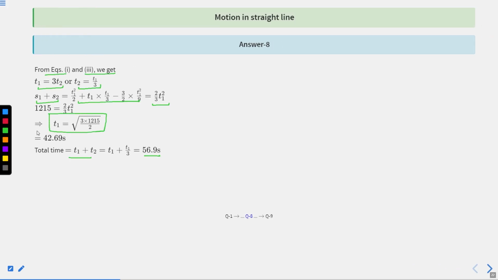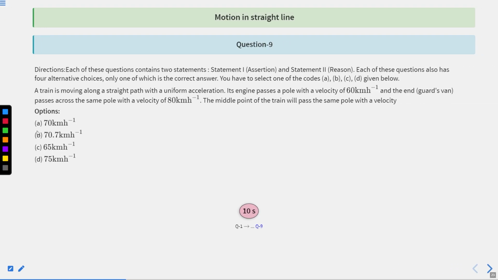Now the ninth question, same pattern. A train is moving along a straight path with uniform acceleration.